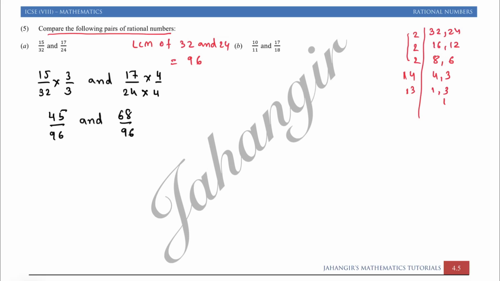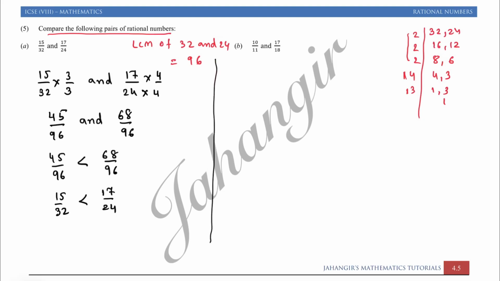If you see, the right side is greater, so 45 by 96 is less than 68 by 96. Now you have to write in the question format. So in the question, 15 by 32 is less than 17 by 24. In this way you can compare.